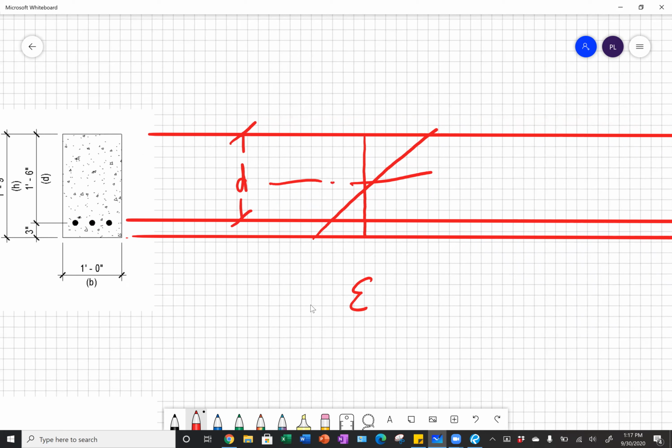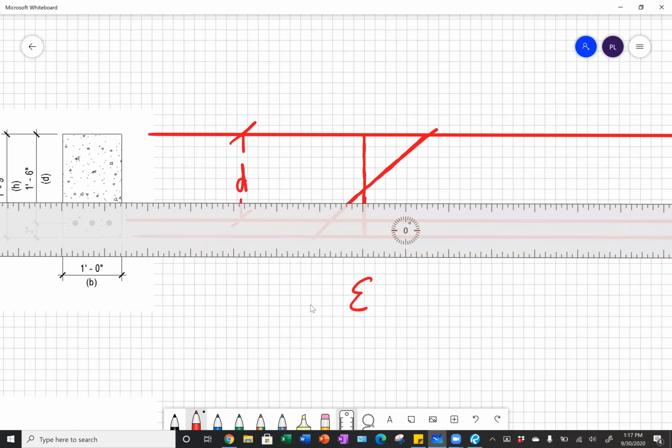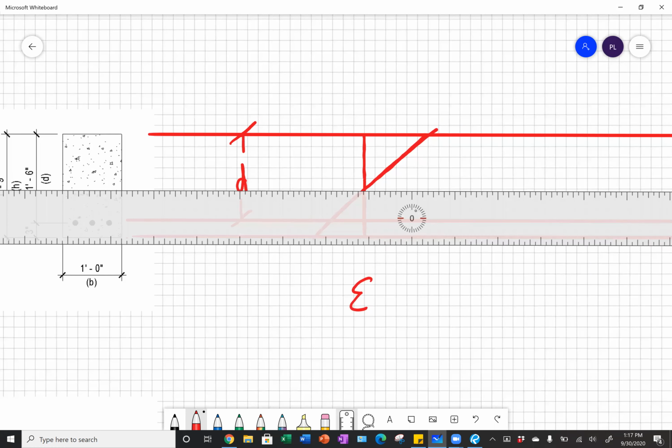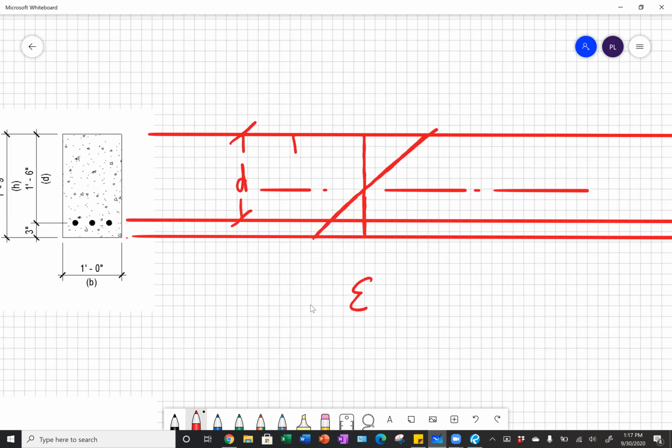We know we have a neutral axis where our strain is equal to 0, and so we can draw in our neutral axis, and let me pull out a ruler so it's a little bit cleaner here. This would be where our strain is equal to 0, and this dimension from our compressive stress to our 0 strain point, our neutral axis, is called C.